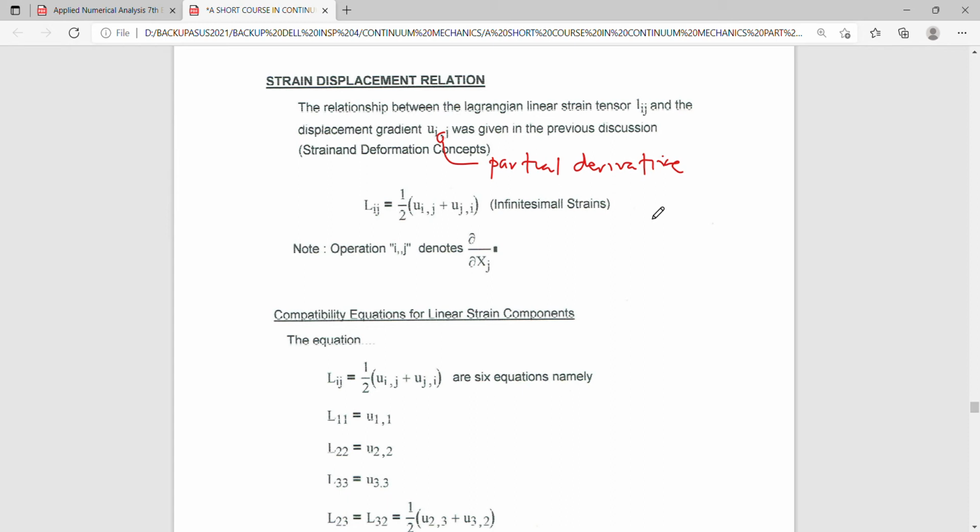So if we are using a small deformation assumption, then we neglect the product upon which these two expressions here produce a very small negligible value, and therefore for very small strain, the product term will be negligible. Okay, so note that i comma j denotes a partial derivative operation.